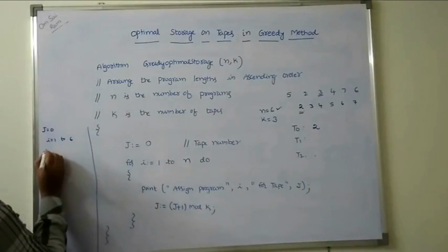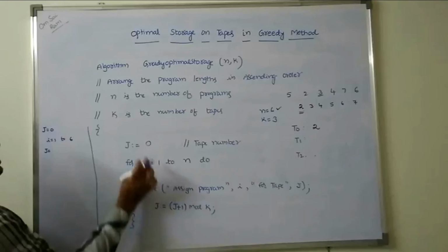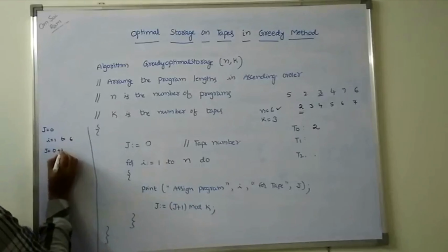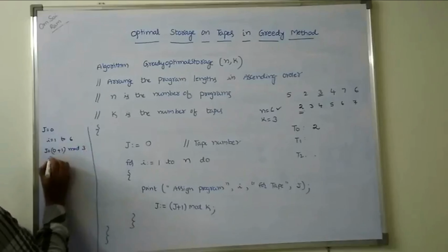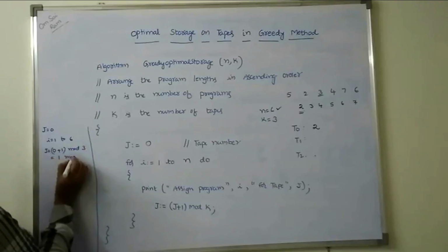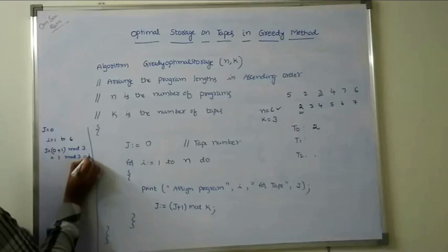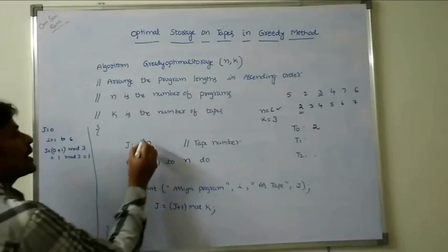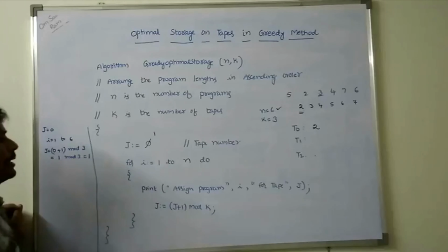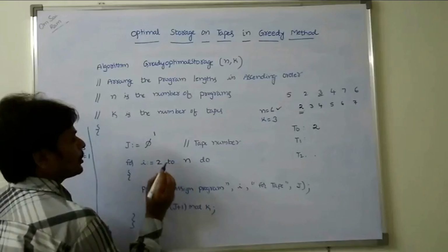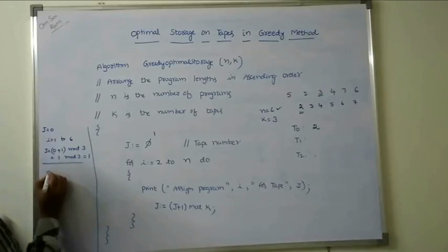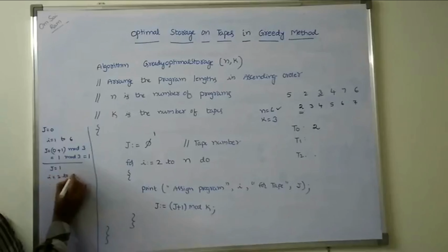Next, j is equal to j plus 1, j value is 0, 0 plus 1, mod k value is 3, that is 1 mod 3, so 1 mod 3 is equal to 1. Now j value is equal to 1. Next, i is incremented, now i value is equal to 2, so j value is 1, i is equal to 2 to 6.